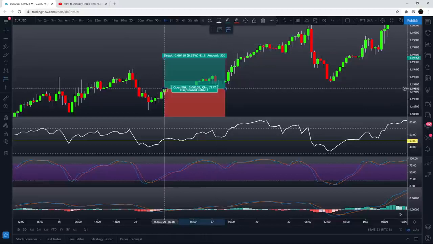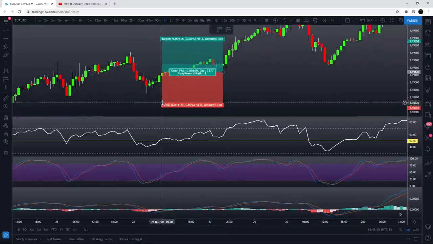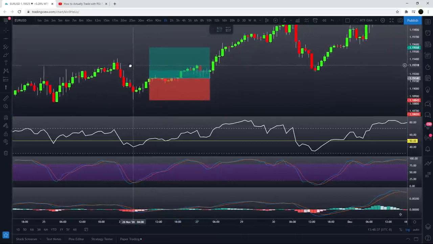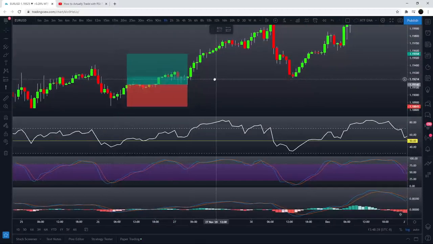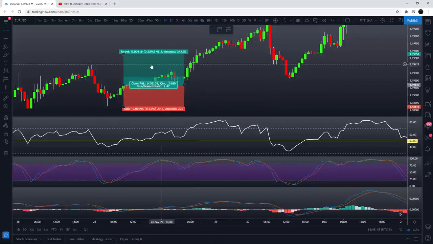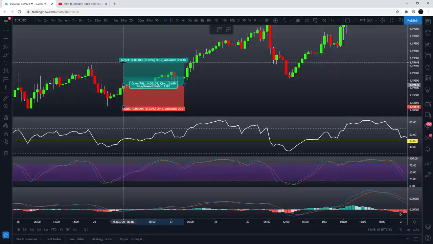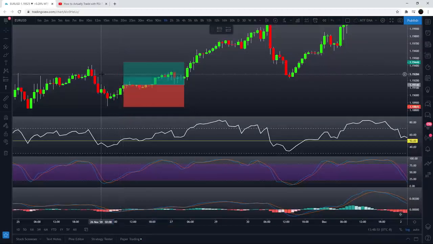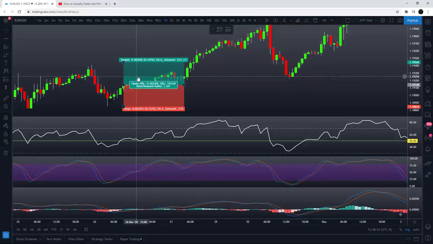We're going to take a long position on that candle, stop loss just below that swing low, and we're going to wait until RSI and stochastic have gotten overbought for us to exit. Looks like that occurs right around here. So on this green candle, that would be where we take our profit right around a 1 to 1.04 risk reward ratio. Let's go to another example now.